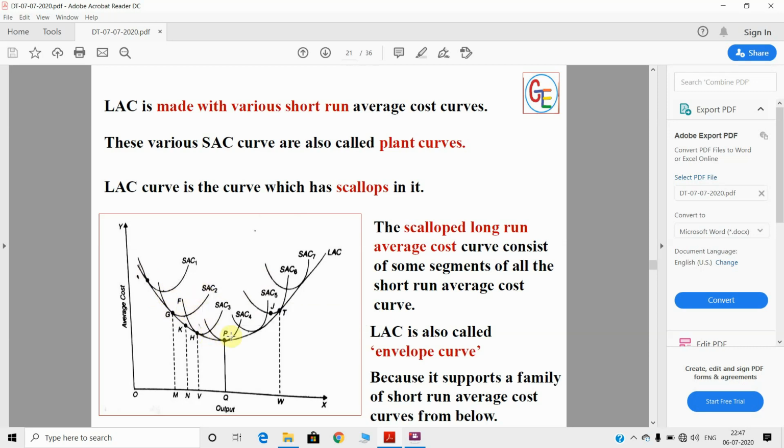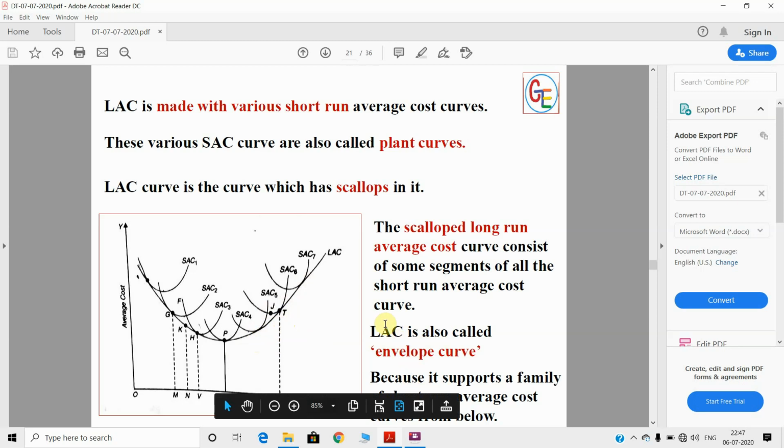If we go to SAC4, then we can see at the point P, the lowest point of SAC is tangent to the lowest point of LAC, right. Next, if we go for rightward movement, then the upward sloping part of SAC is tangent to the upward sloping part of LAC in case of T. So it takes the shape of a saucer.